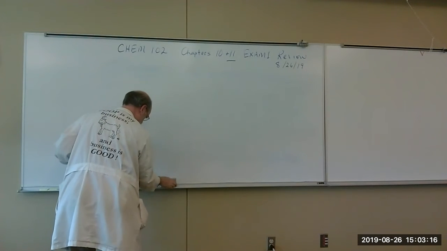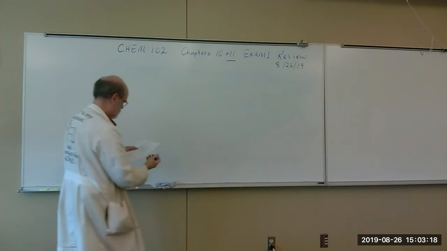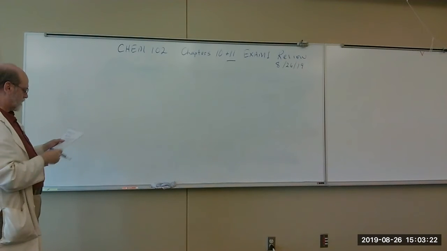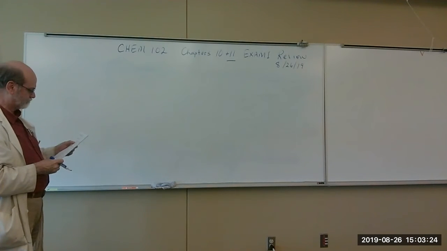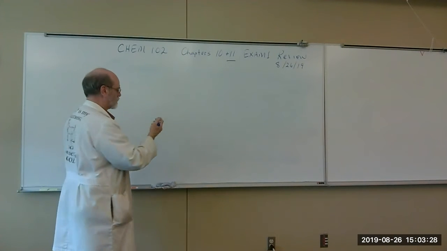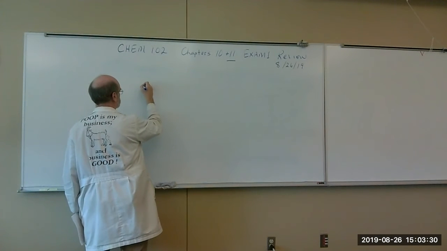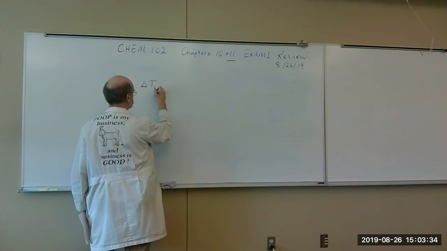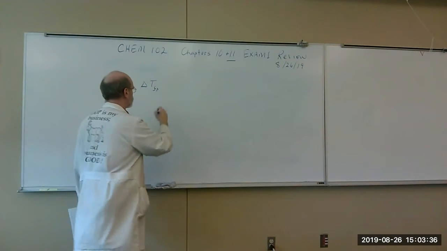This is going to segue into our lab. So let's say we determine the molar mass of a solid by freezing point depression. So we're going to use that relationship where the difference in freezing point temperature is equal to what?